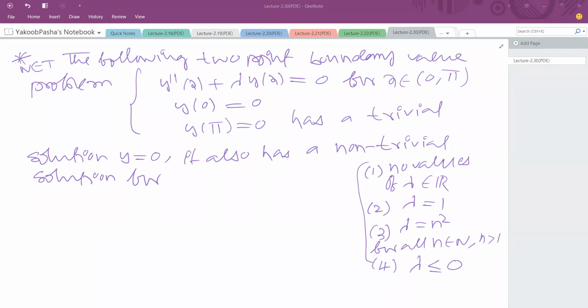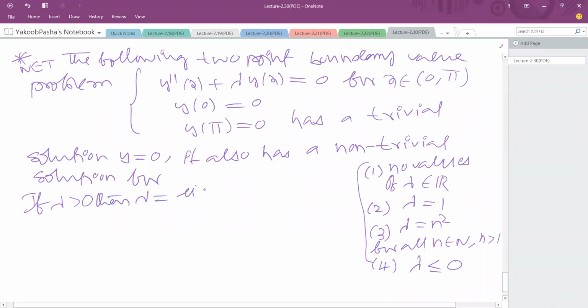First, I am taking lambda equal to 0, trivial. Okay, no need to write every time. Lambda is equal to 0, it is a trivial solution. If lambda is negative, trivial. If lambda is positive, in this case, lambda is equal to mu square.